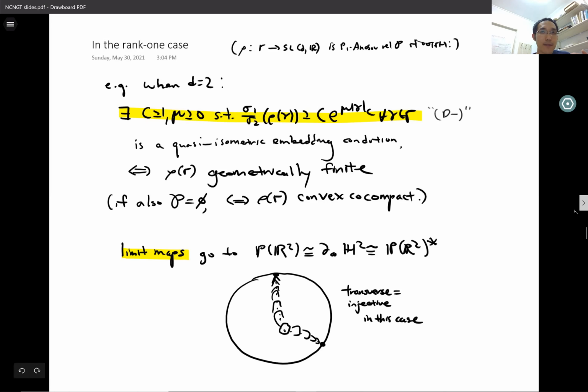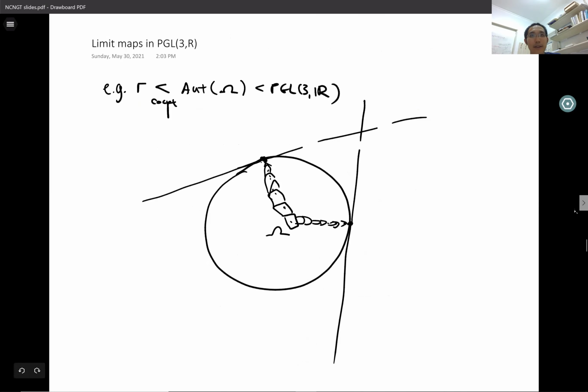Even better, you can think of the projective model of the hyperbolic plane. So now we draw our hyperbolic plane as a disk in the affine chart of the real projective plane. So now the group we are working with is, well, some subgroup of PGL3R. And now one limit map to the projective space again takes x in the boundary of the group to the limit point of a corresponding sequence of orbit points, just like previously in the hyperbolic plane.